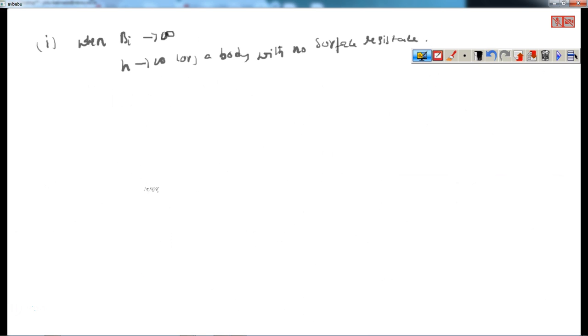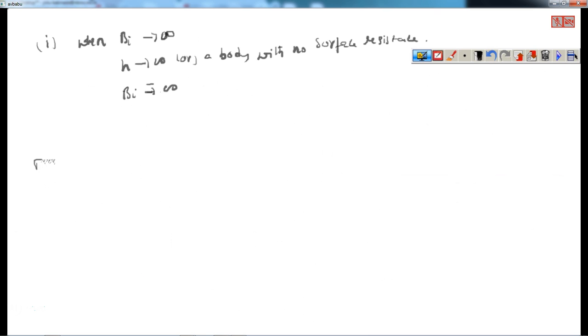The temperature distribution will be obtained by putting Biot number equal to infinity. When I put Biot number equal to infinity in the temperature distribution, then what will happen? I'll talk about it. Okay?